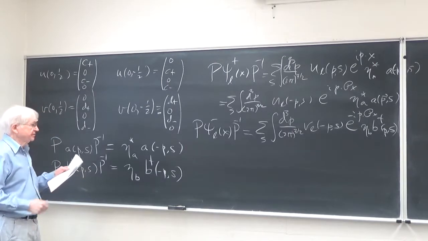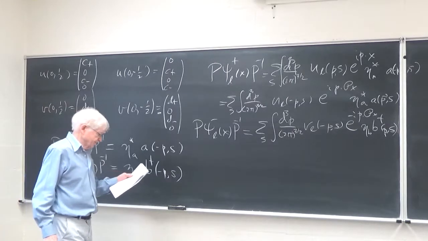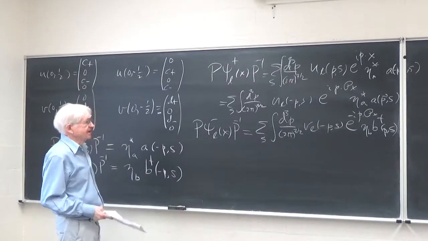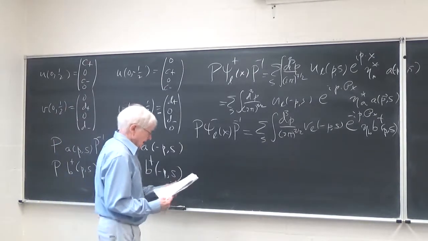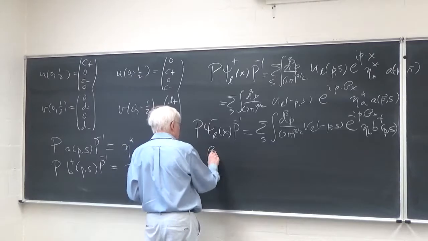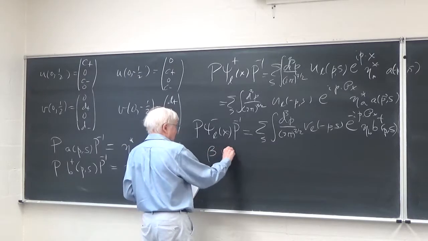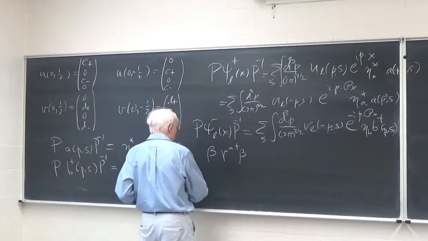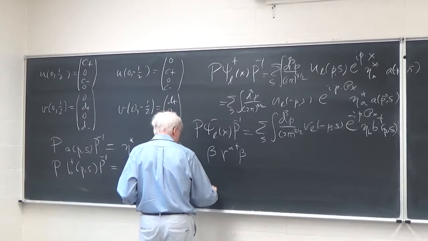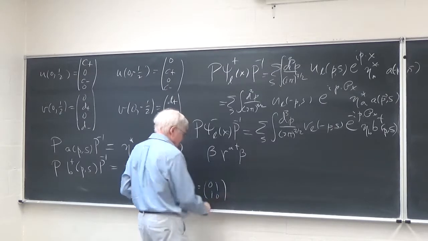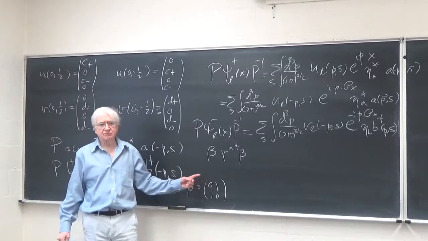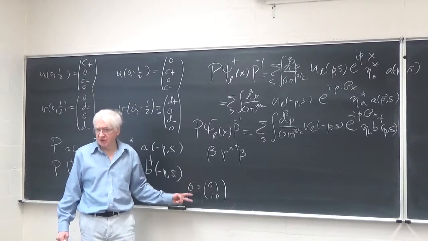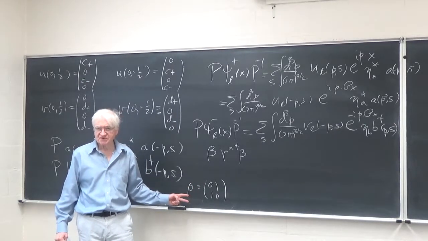And so there are some relations that are relevant at this point. Namely, we saw that beta, gamma A dagger beta. Remember, beta is just 0, 1, 1, 0. So this basically flips the upper two components and the lower two components.